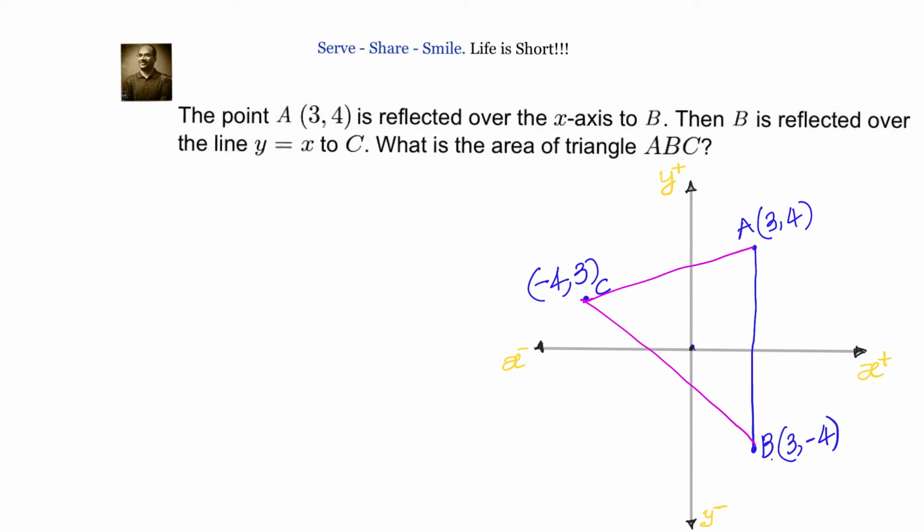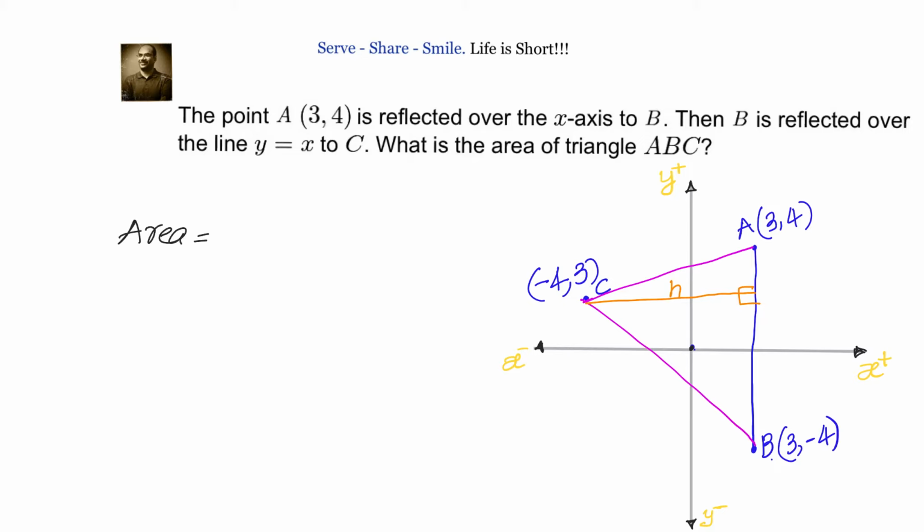Otherwise, we know that one of the sides of the triangle is a vertical line. So we can find out the altitude, which is nothing but the horizontal distance. So we can take the base as AB. Let's write down. We'll consider the base as AB to calculate the area.